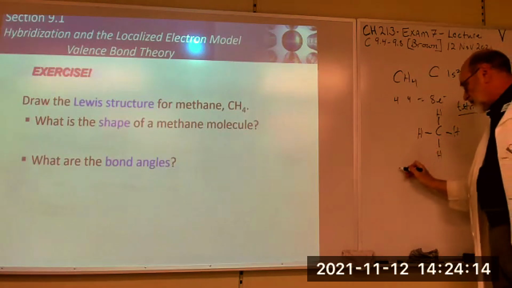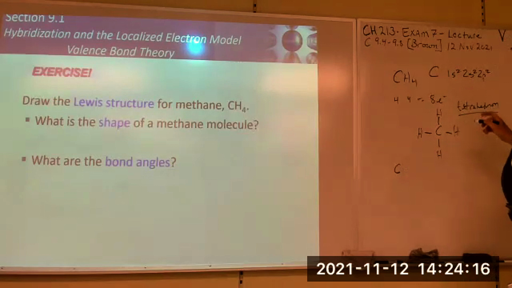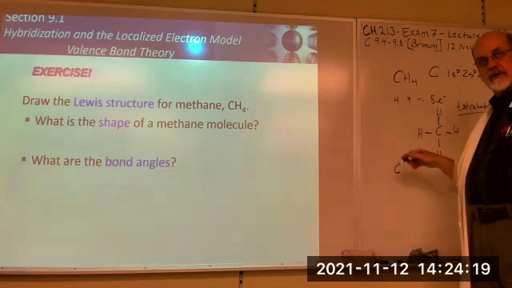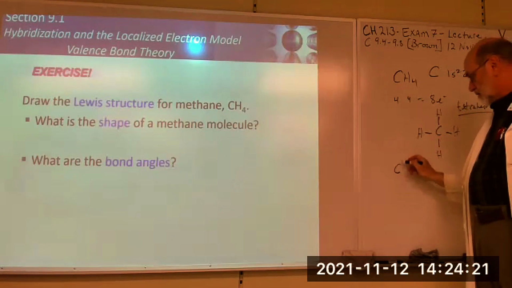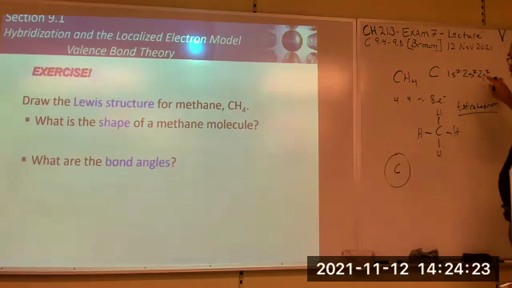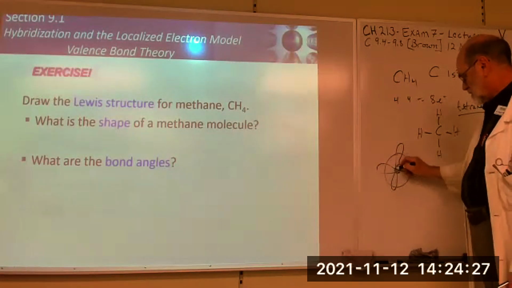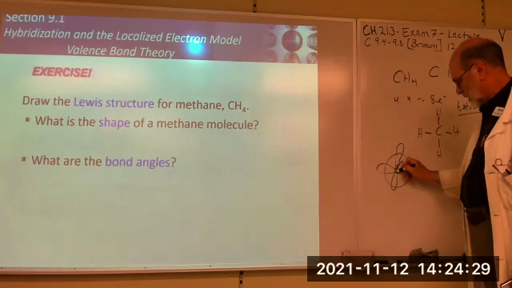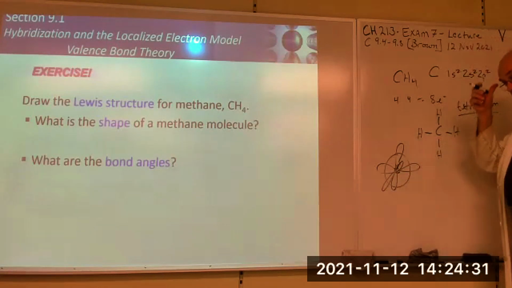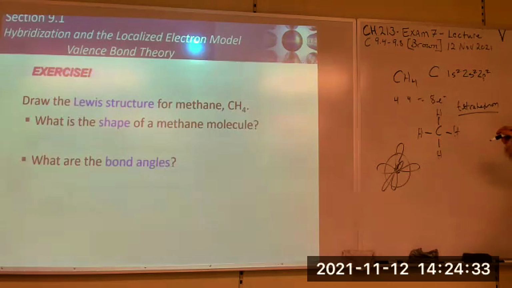So if we have a carbon with a 2s orbital, it's going to be spherical, but then the 2p orbitals go like this, and then into the background, like that.